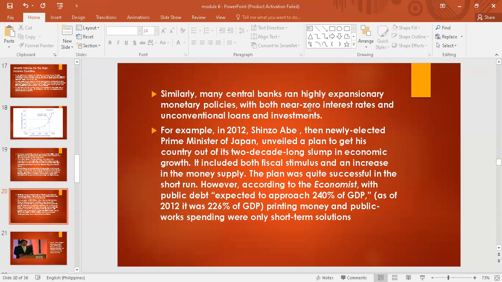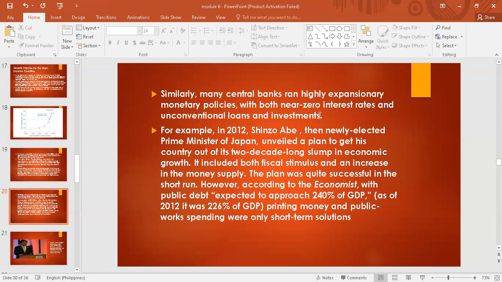So most of them ay nag-implement ng expansionary monetary policies kung saan what they did is to offer near to zero interest rates sa mga loans and investments.